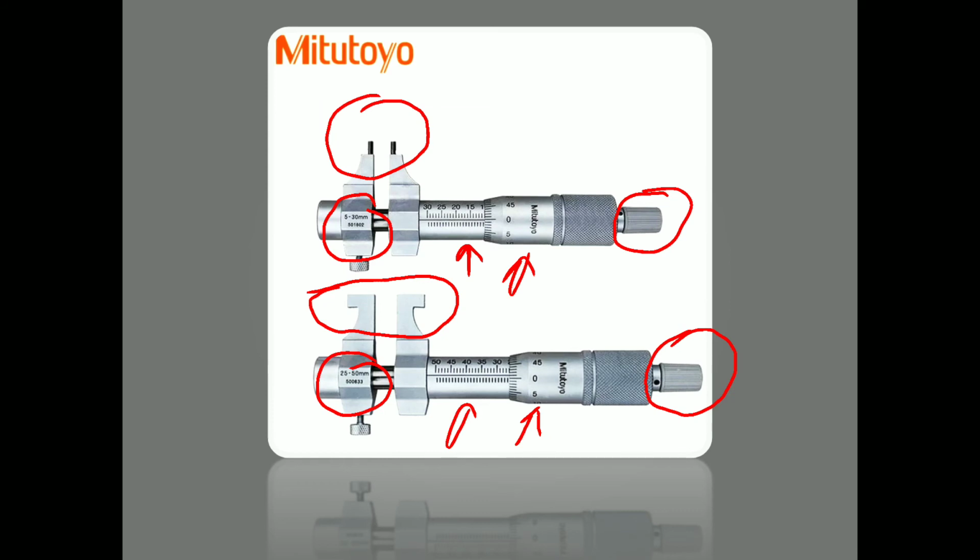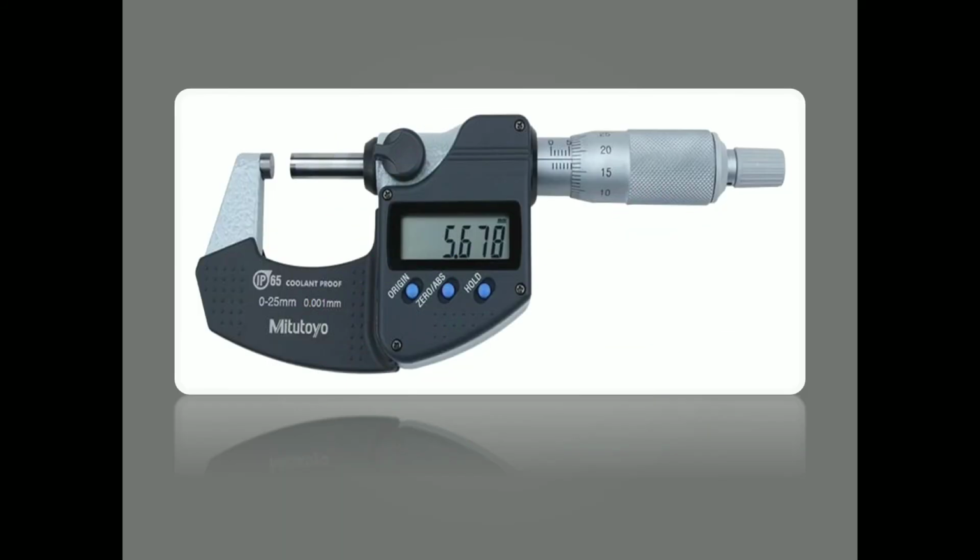Now we are going to see the digital micrometer, which gives the exact reading up to 0.001 accuracy, that is 1 micron. It gives up to 1 micron accuracy and has an application range of 0 to 25 mm.